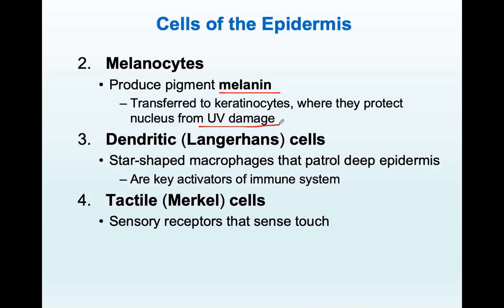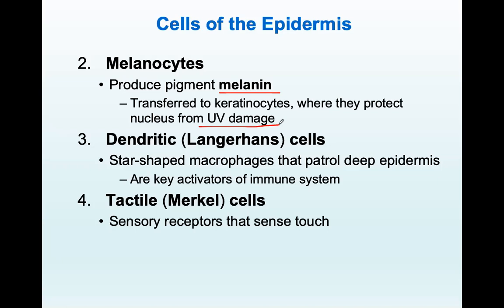UV rays come from the sun, super dangerous, can cause skin cancer. Most of your skin is keratinocytes, and they have genetic information inside of them because they have a nucleus. When you expose that nucleus to UV rays, the genetic information can be modified or changed, which can cause skin cancer.